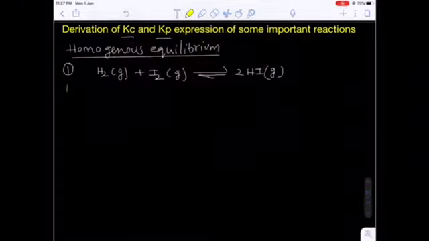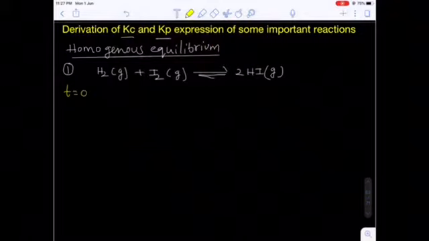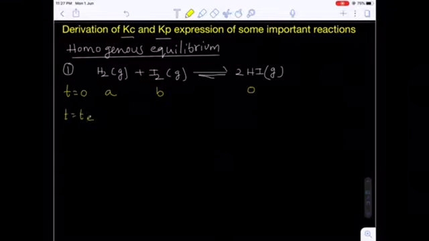Initially, let's suppose we have small a moles of hydrogen and small b moles of iodine. There are no moles of HI, that is, the number of moles of HI is 0. That means we are taking only reactants initially.